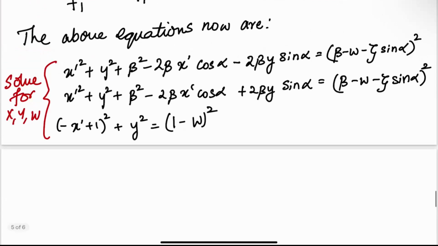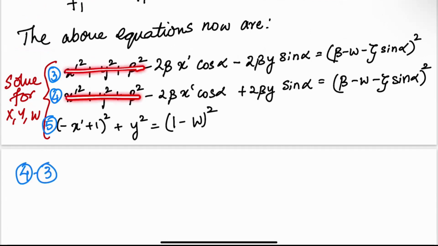So if I label these as equation number 3, 4, and 5, then 4 minus 3 will get rid of most of these terms. This will go away, this will go away, this also will go away, and then this part and this part will go away, right? Except for the mixing term.